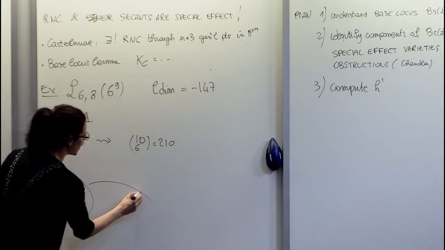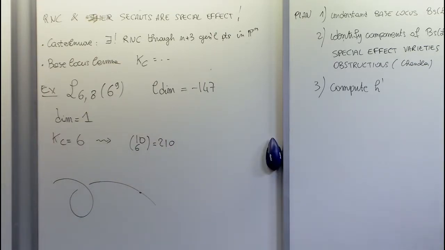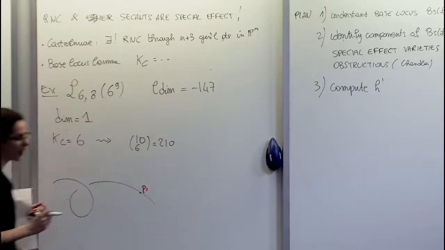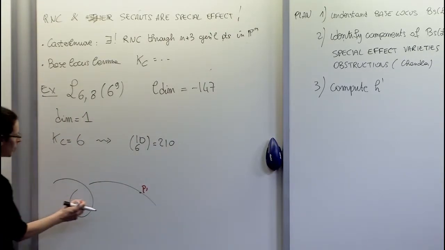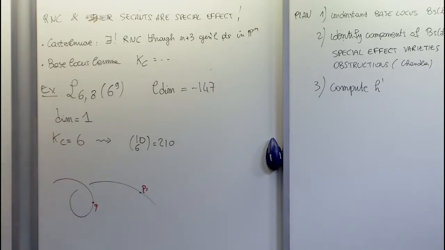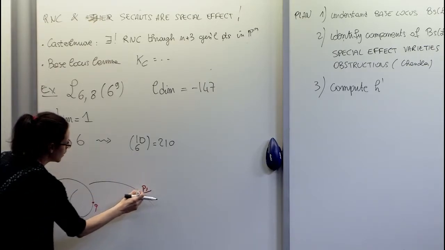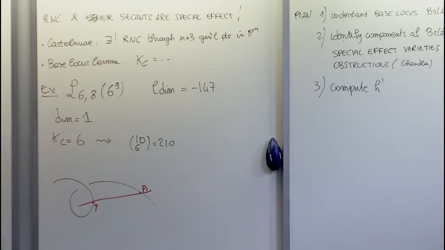So now I take a point, like just fix, for instance, my point P1, one of my base points, and then I take any point Q on my rational normal curve, and then I can use my base locus lemma for linear stuff, so I can use my base locus lemma for lines in order to compute the multiplicity of containments of this line.